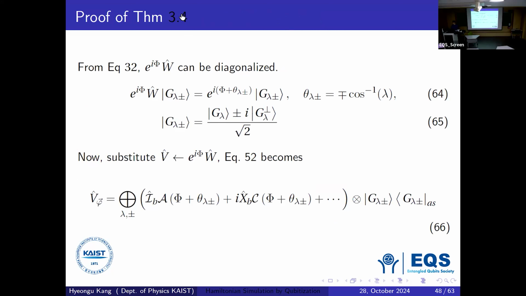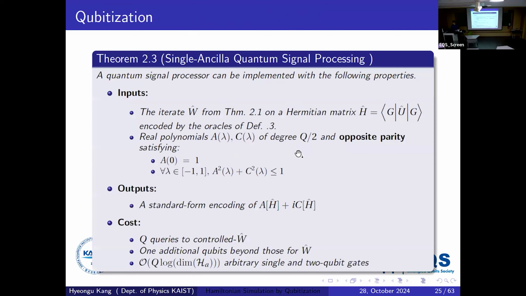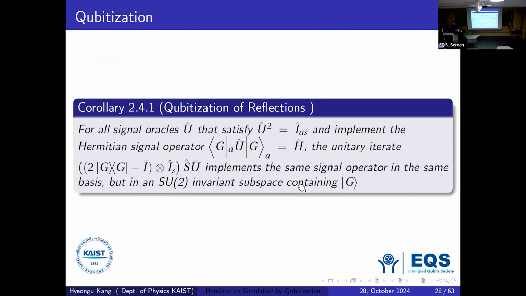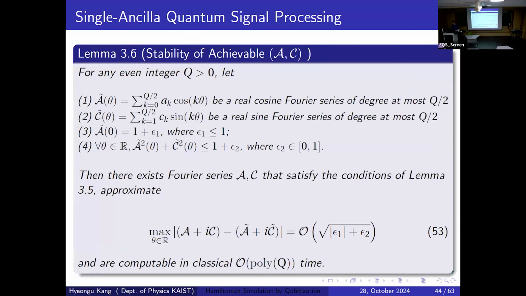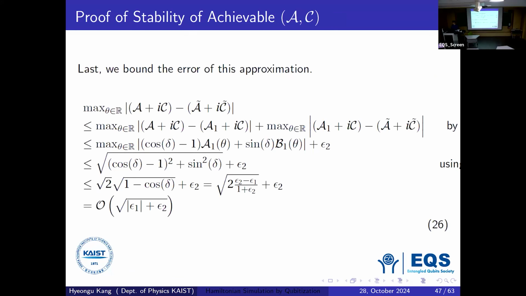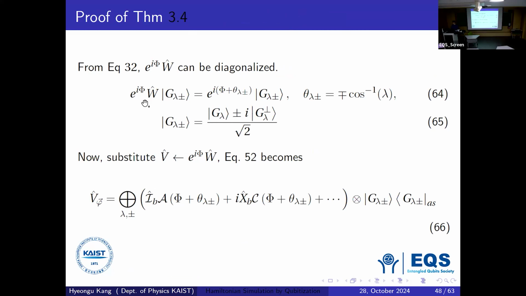So now we prove this one, the single ancilla quantum signal processing. This can be diagonalized. So remember, W is kind of a summation of the e to the minus i lambda zeta something. So we can expect that this can be diagonalized in this basis.